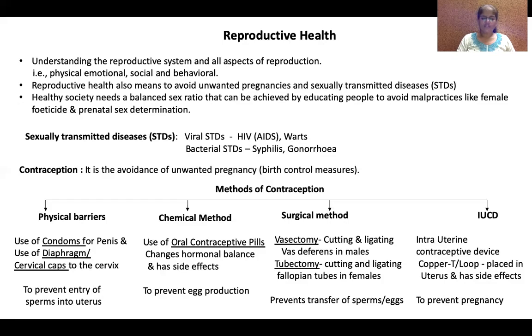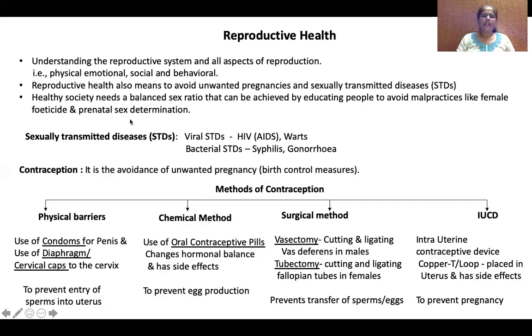And knowing the sex determination at pregnancy time, that is also a crime. Because just imagine, if females become fewer and males more, can we have reproduction in progress? No. So the health society of India has called it a crime because a balanced ratio of males to females should be there in the society.